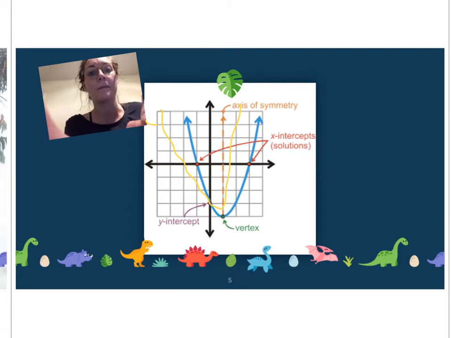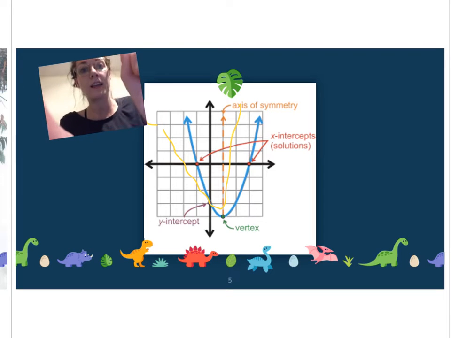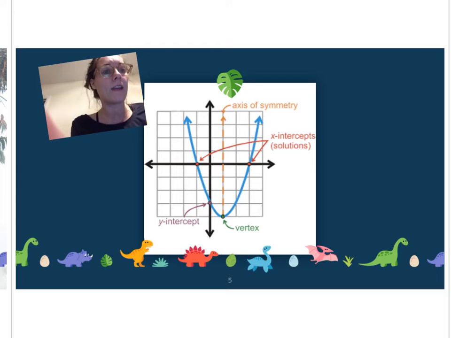This is a terrible line. I can't fold this and make it look the exact same. So parabolas have to have that. I can never get the eraser to work on this. There we go. Parabolas have to have that axis of symmetry in order to fold it and make it go exactly in half. Okay.